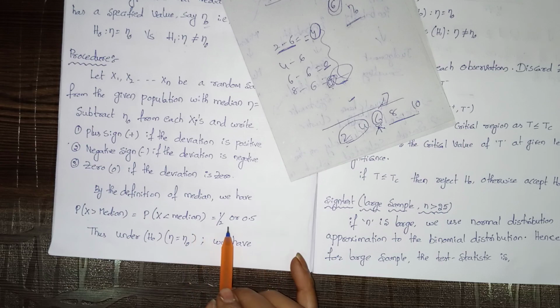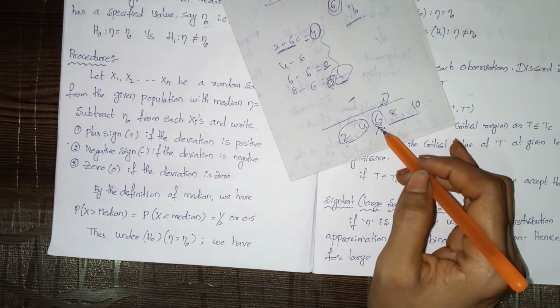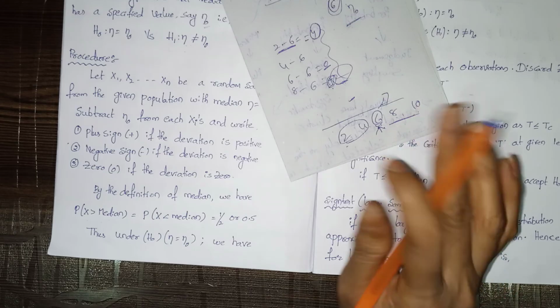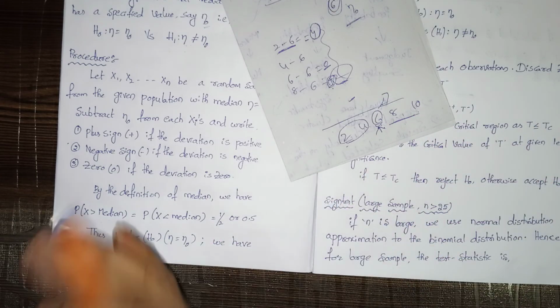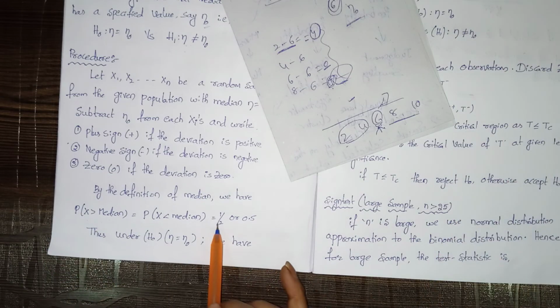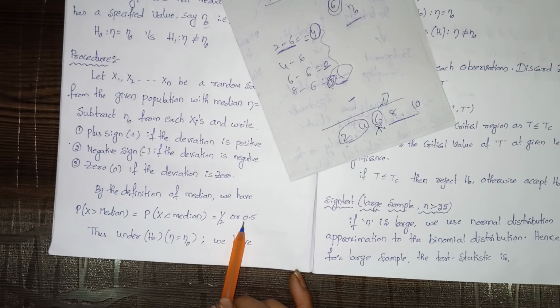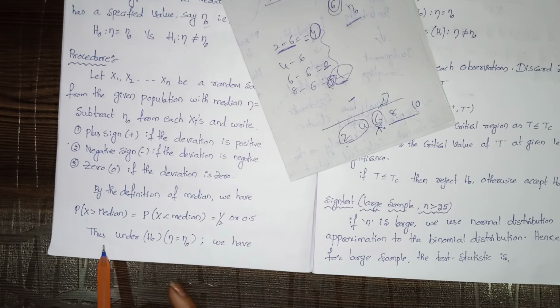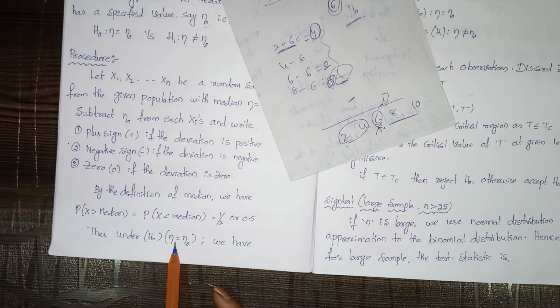Those both will be equal to 1 by 2, because we said the median will be in the middle, in the center. So half the values will be less than and half the values will be more than. That's why we have taken both values as 1 by 2, or else we can also say 0.5.